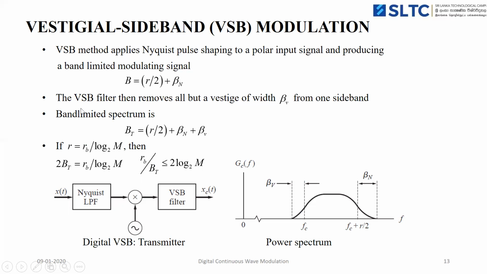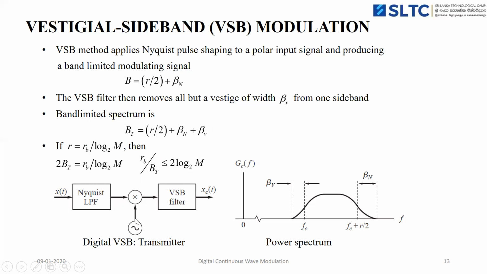For VSB, we assume beta N and beta V are negligible, so beta T equal to R by 2. So R equal to 2 beta T. We can replace R equal to 2 beta T. Then we get the ratio of bit rate to bandwidth as less than or equal to 2 times log 2M.